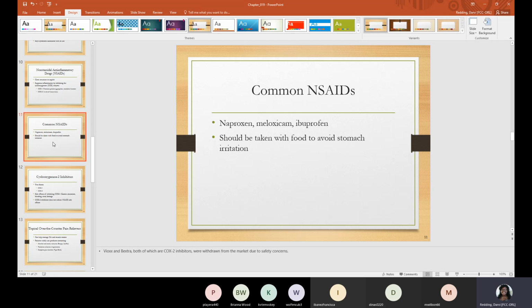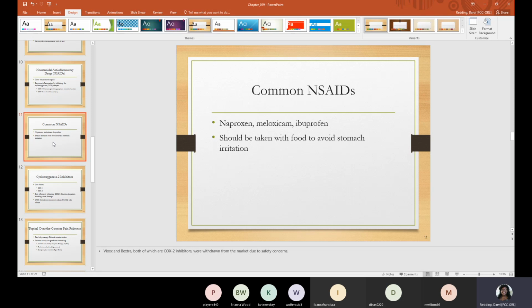So when it comes to NSAIDs, you have some that are available over the counter, and some that are available by prescription. Also, for ibuprofen, the generic is available over the counter as 200 milligrams. However, by prescription, it's available in 400 milligrams, 600 milligrams, and 800 milligrams.